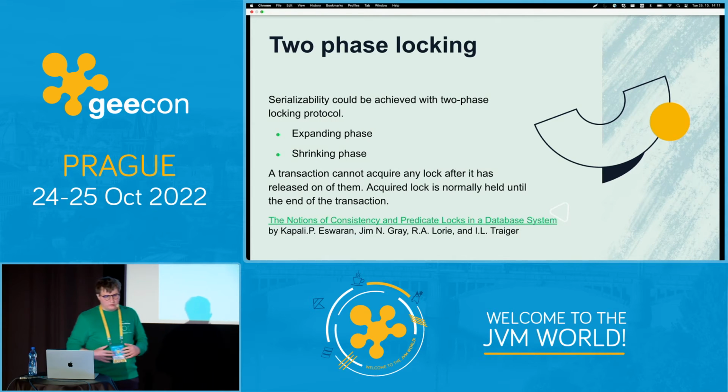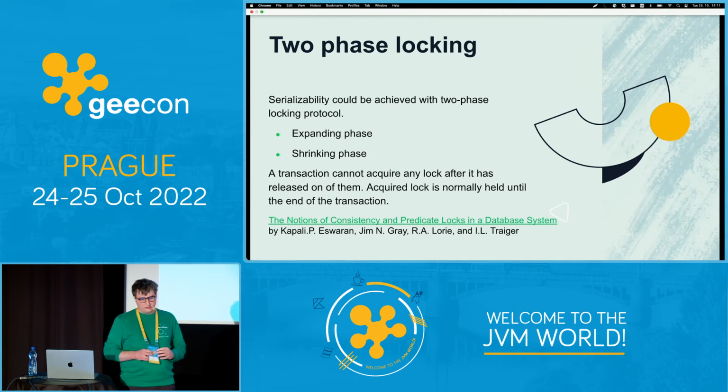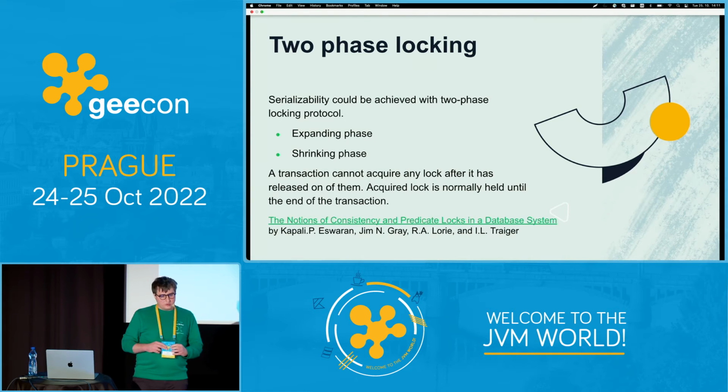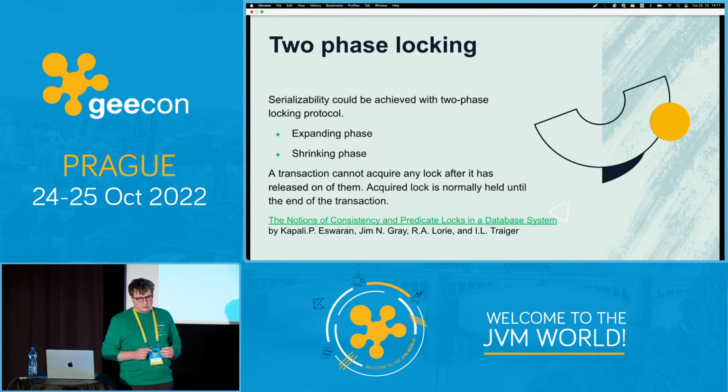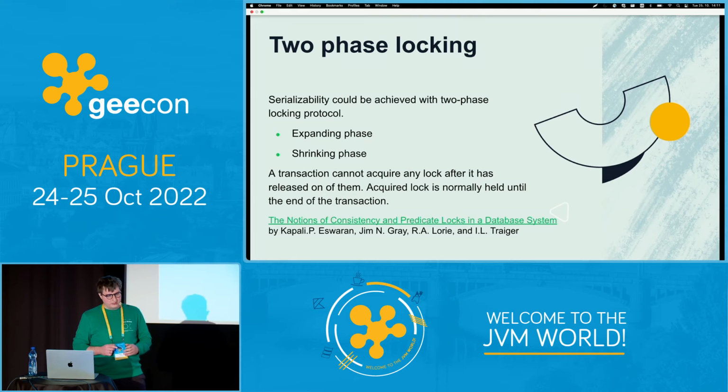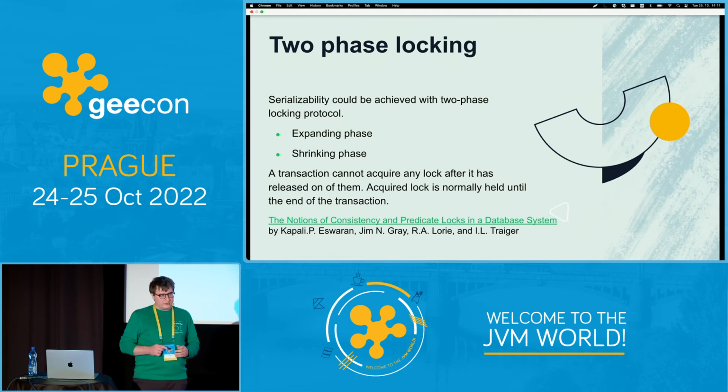Originally, those isolation levels, and especially serializability, could be achieved with two-phase locking. It was proven a long time ago. This approach consists of two phases, the expanding phase and the shrinking phase. Once you start the expanding phase, your transaction will try to acquire all the locks that it needs.